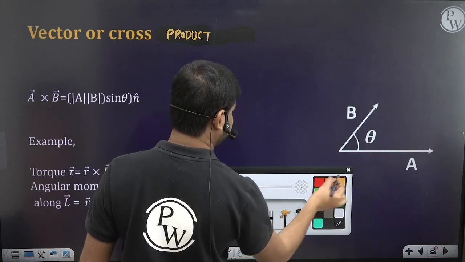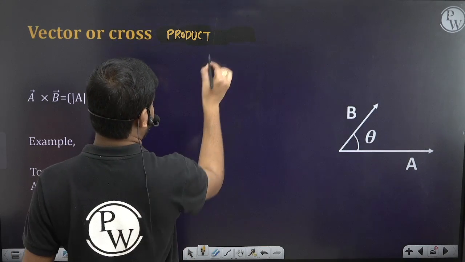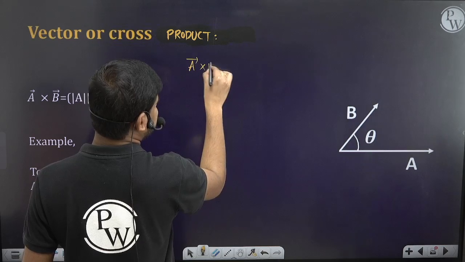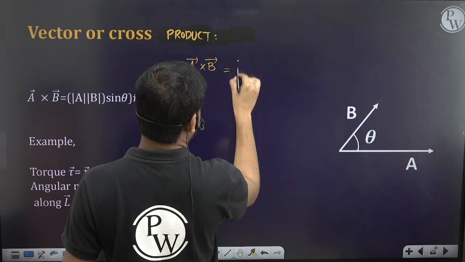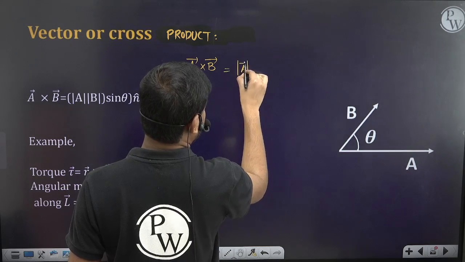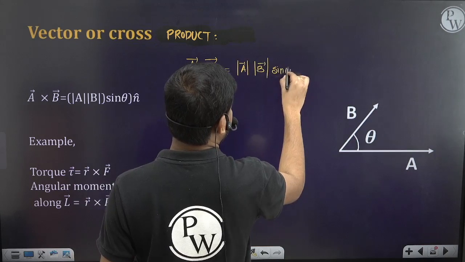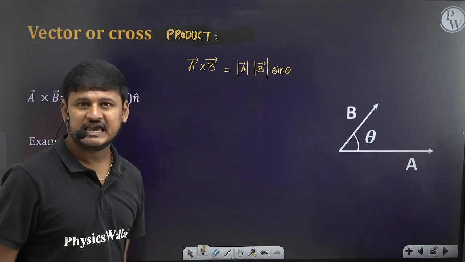A cross B, the cross product, is given as the magnitude of A into the magnitude of B into the sine of the angle between them. So A cross B is equal to AB sine theta.